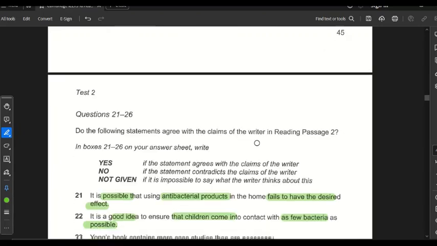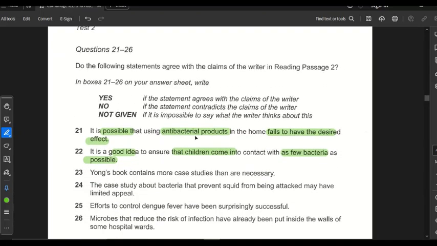That really means that the desired effect that we want the antimicrobial products to have, we are not getting it, and that makes this answer a yes. Do you get the point? If you don't get the meaning of that sentence, it will be very hard for you to decipher whether it's a yes. That's what I've just explained.